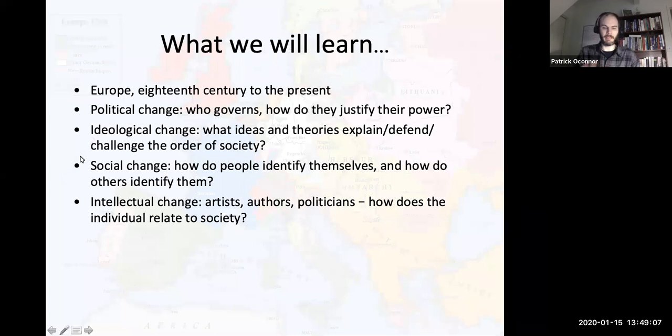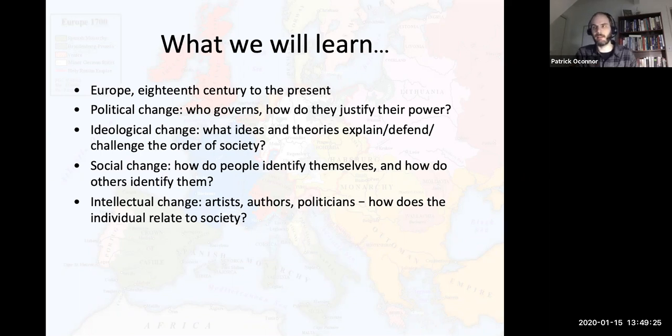When we talk about ideology in this class, what we're talking about is a system of ideas and beliefs and theories that explain or defend or challenge the prevailing order of a society, or imagine a different order of society.